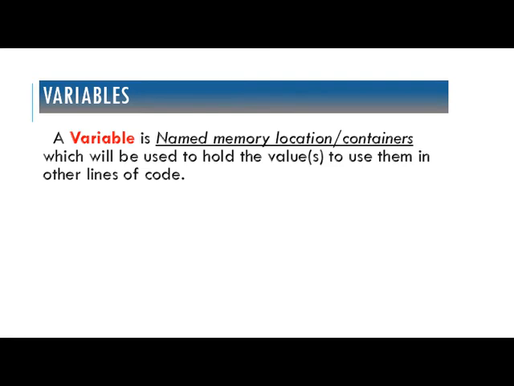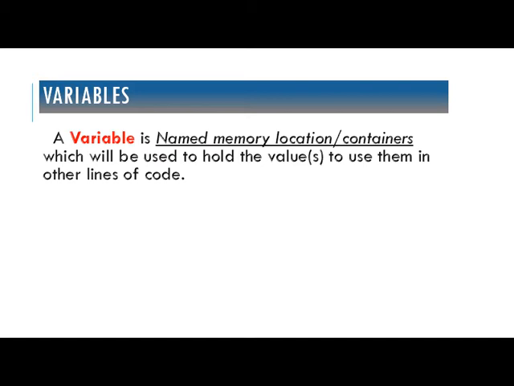Exactly. A variable is a named memory location. So that means there will be some memory created in the language. Don't think that whatever I am discussing now is related only to VBScript. In any language it is common. A variable is nothing but a memory location where we can store some values. Why do we need to store the values? To use them in our program later.